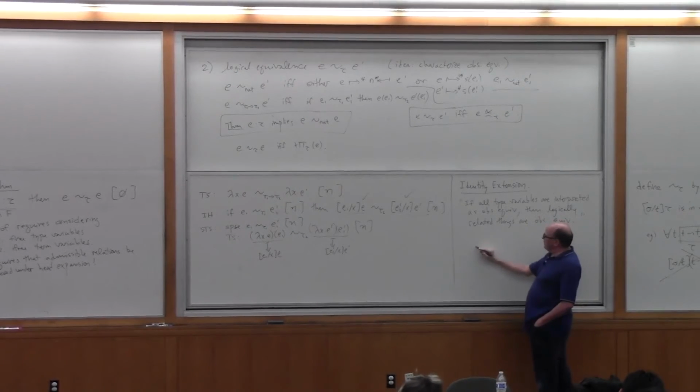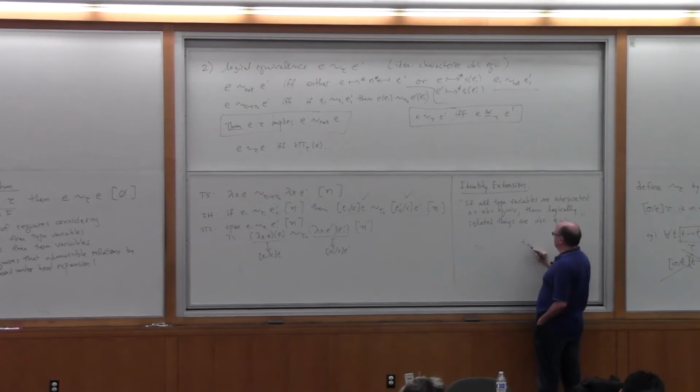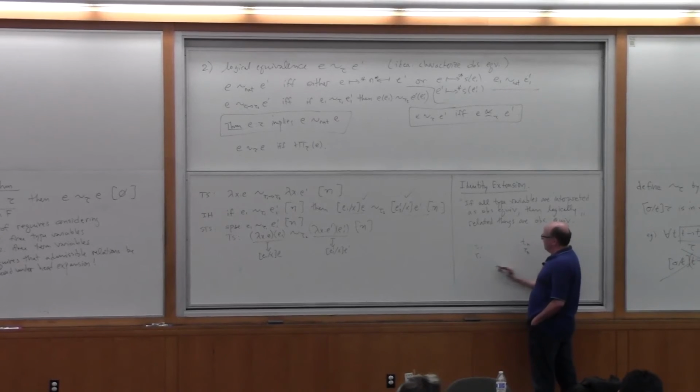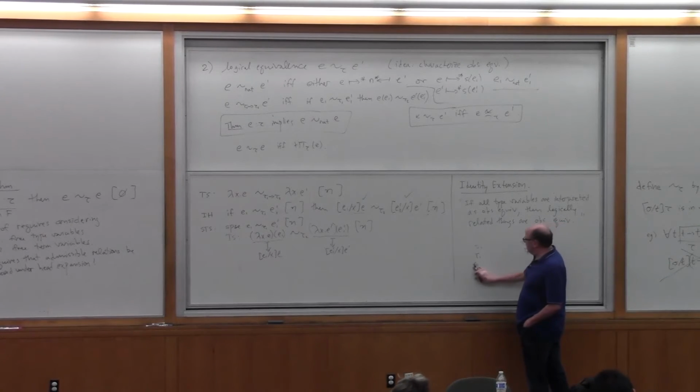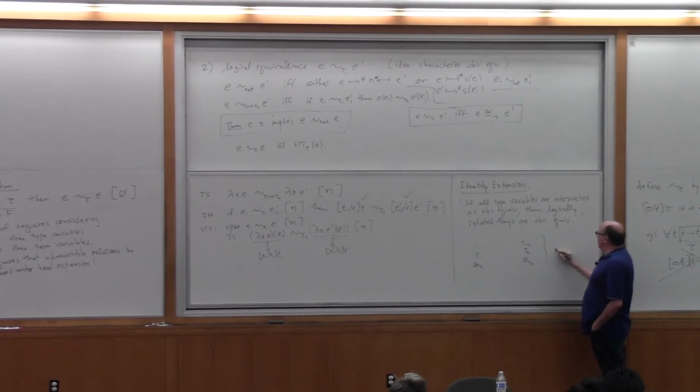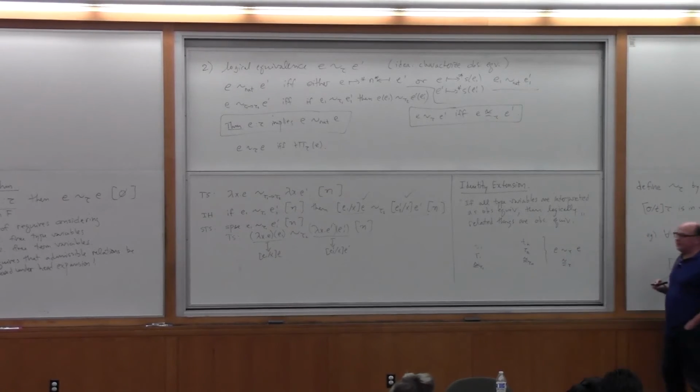In other words, you have a bunch of type variables, T1 through Tn. If you decide that these really mean tau 1 through tau n, and that the relation in question is that they're equal, then what you will get out is E is related to E, which the identity extension says means they will be observationally equal.